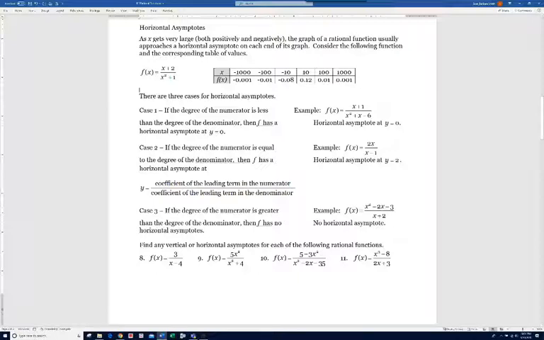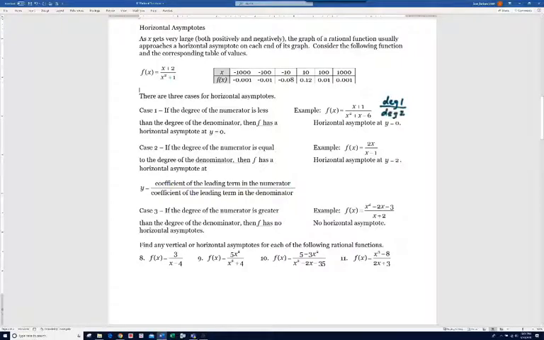We're just going to go ahead and learn the 3 cases, and that's all we'll be using when we're finding horizontal asymptotes. So it says, first of all, in case 1, if the degree of the numerator is less than the degree of the denominator, then f has a horizontal asymptote at y equals 0. So notice in my example here, f of x equals (x plus 1) over (x squared plus x minus 6).